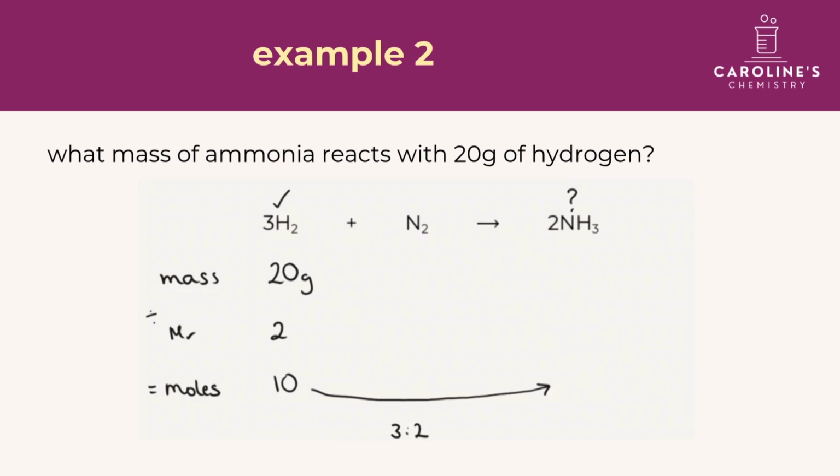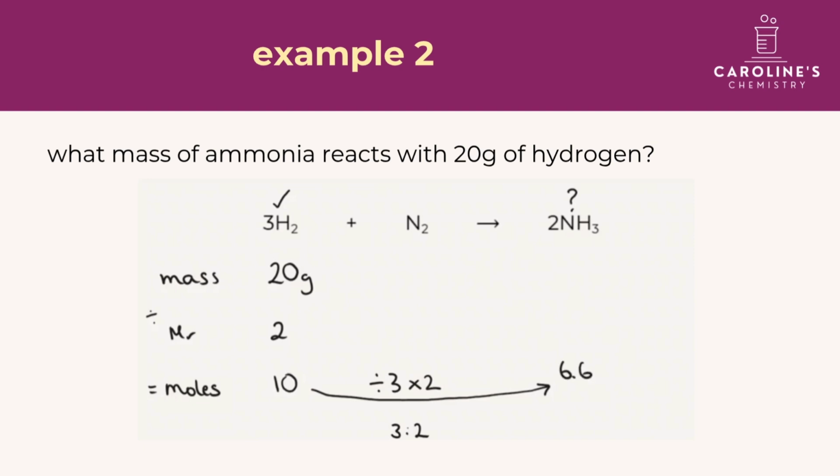Now, the easy way to convert between these ratios that are a little bit trickier is divide by the first number times by the second number. Because 3 divided by 3 is 1, times by 2 is 2. So divide by the first number times by the second number.